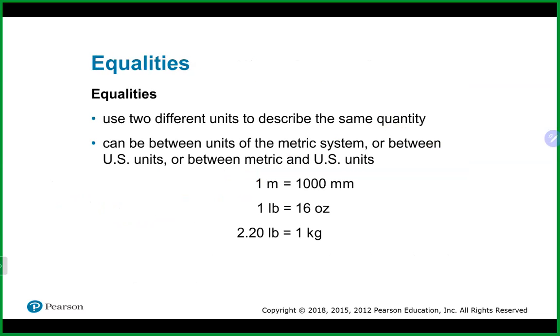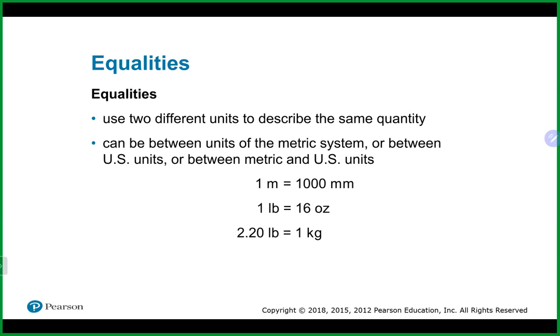So again, these equalities, as we talked about last time as well, an equality really is 2 measurements that are on different scales, but they do represent the same amount of something. So 1 meter and 1,000 millimeters represents the same length. Just like if you had a pound of something, that's the same thing as 16 ounces. They represent the same quantity of that matter.